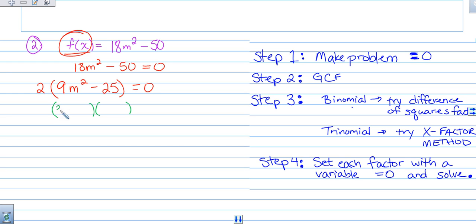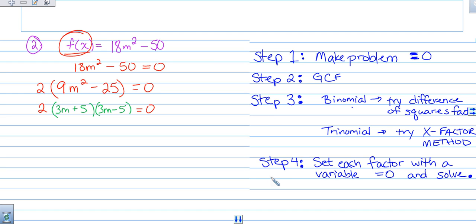Well, we know it broke down into 3 times 3, and then take half of the exponents that they give you. So they give you a 2, so half of 2 is 1. So you put 1m there. And then now we're at our sign, so you put a plus and a minus. And then 25 breaks down into 5 and 5. Okay? And then our 2 will come down, equals 0.